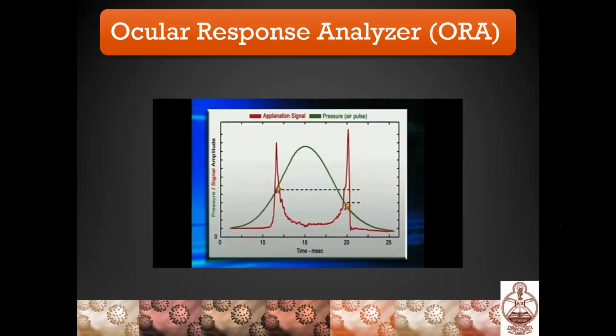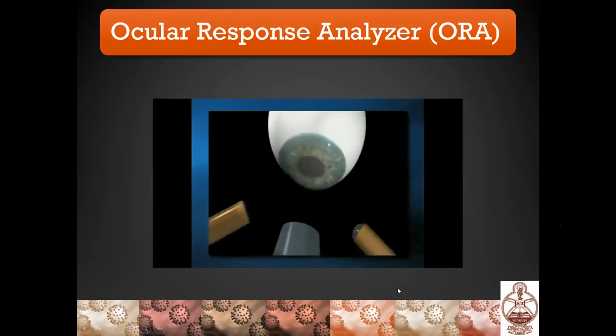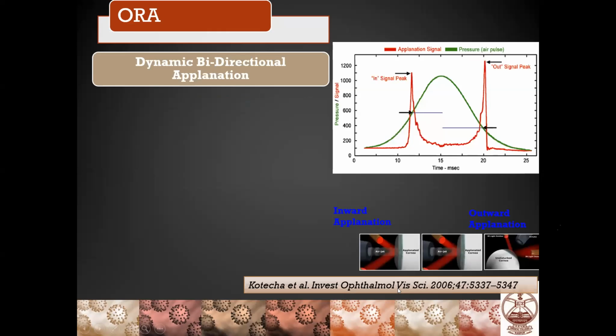Nowadays it is important to learn about these factors also, because corneal hysteresis might come as a short note in your exams. So you all should know about this new thing. As I said, the ORA measures dynamic bidirectional applanation tonometry.